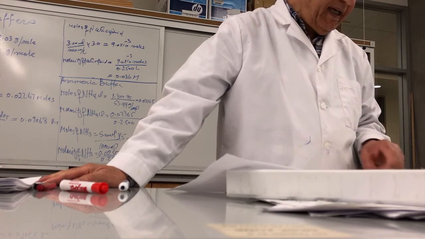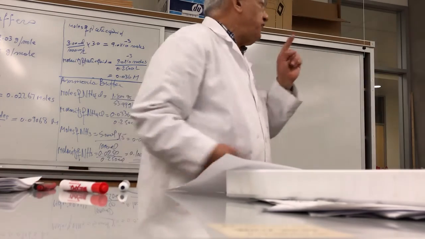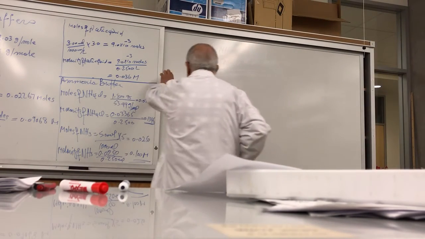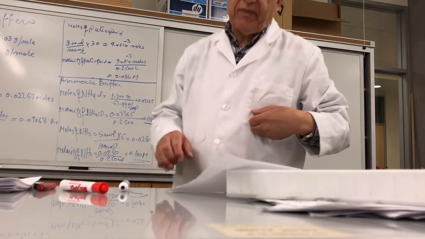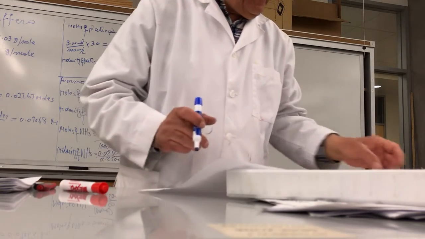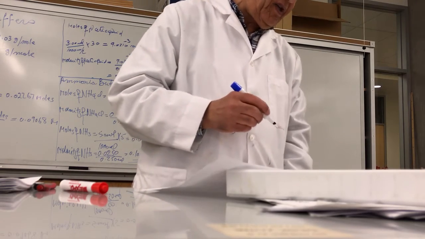The question is the pH of your acetate buffer. They want you to find the pH of that solution in your 250 milliliter flask based on the information you got. Now we need to write this equation here.